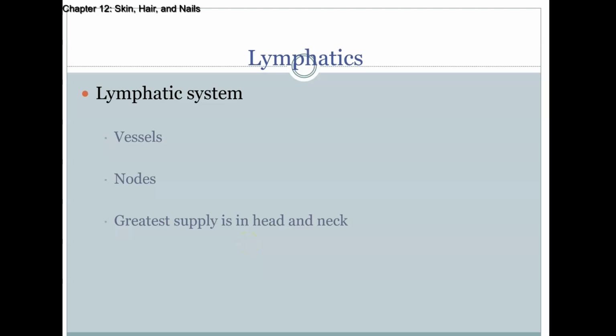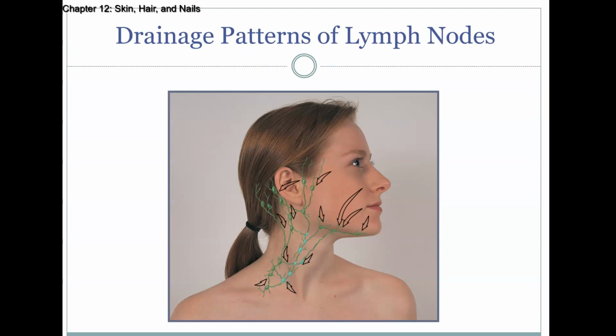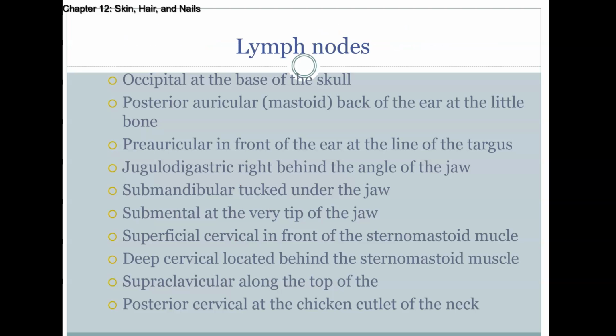So when you're going down, you're starting and you're saying, okay, I'm going to assess these lymph nodes, okay? And you're walking down, and here is showing the drainage patterns of the lymph nodes. So I'm going to do the occipital, which is at the base of the skull.